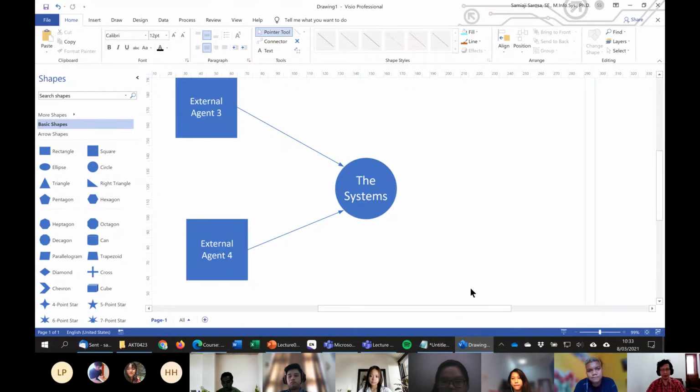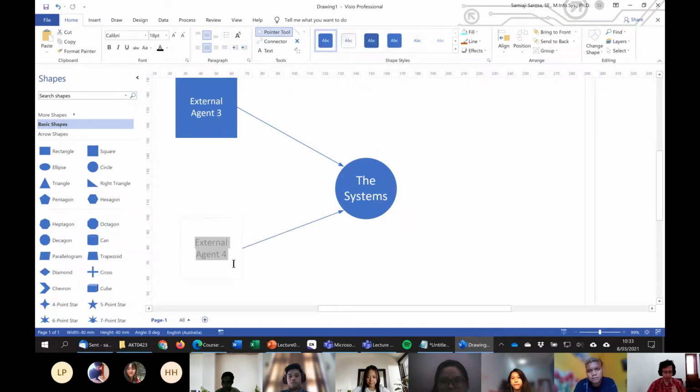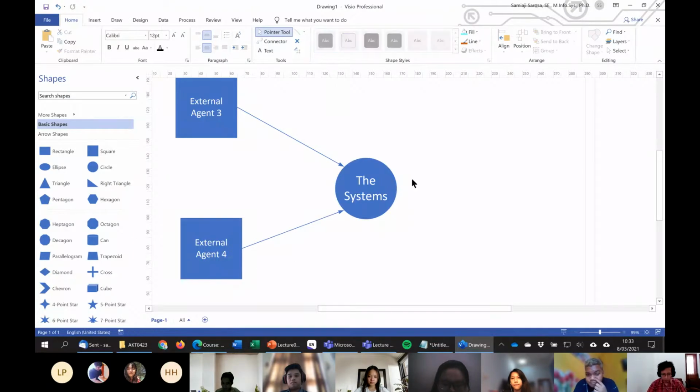This is the mistake. To correct that, we can change the arrow, but that's not the topic of this conversation. The problem is in this picture we only have two inputs without any output, and that's not right. This is a phenomenon called a black hole, where there are some inputs but there is no output whatsoever.